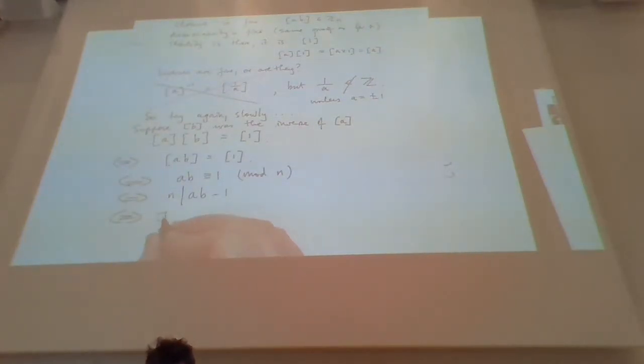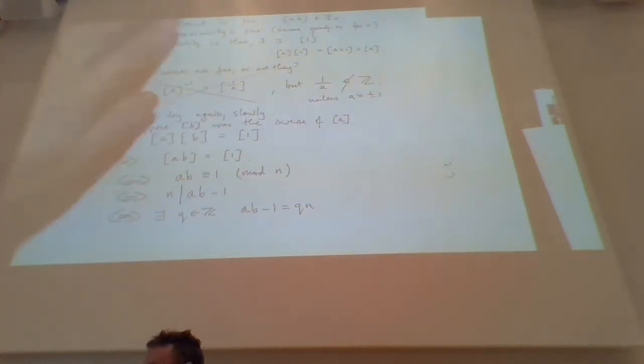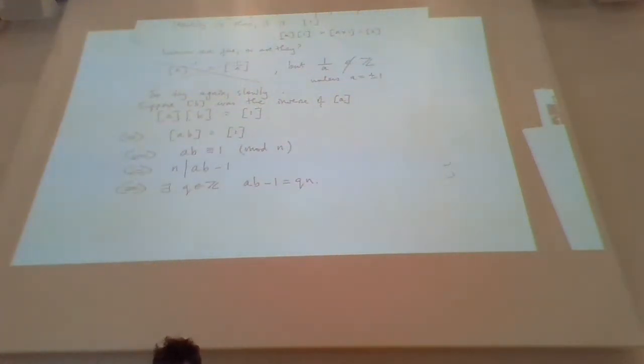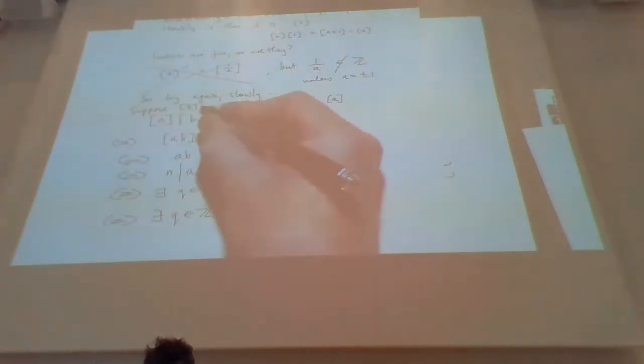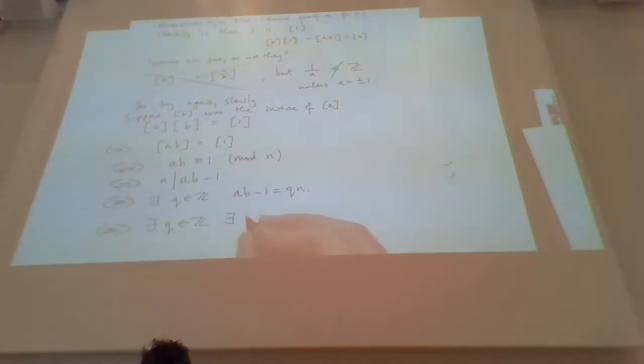That means there exists an integer q such that AB minus 1 is q times n. Or in other words, there exists a q in Z, and there exists a b as well, such that 1 is A times B minus qn.